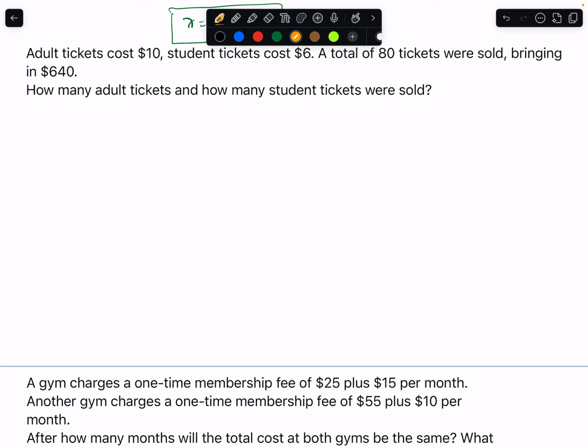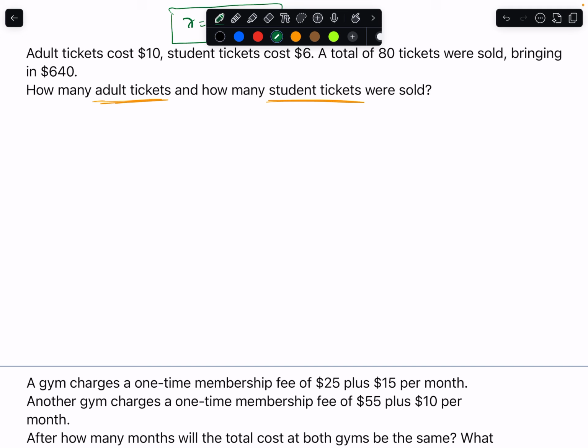Our question asks how many adult tickets and student tickets for each group. Adult tickets are $10 and student tickets are $6. But these are two different groups, so you must give them two different variables.